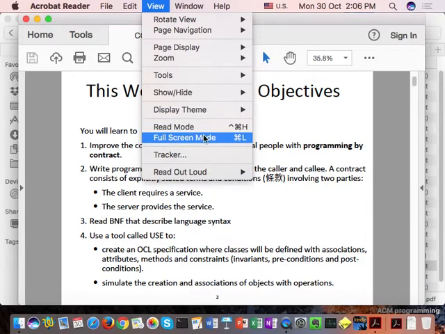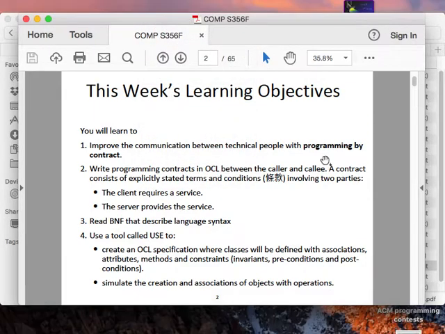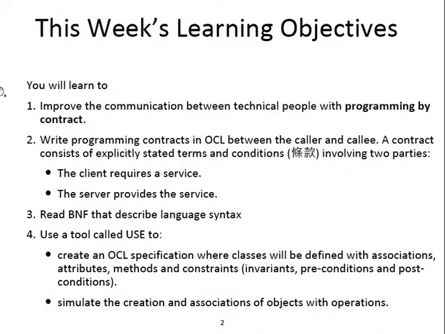what is our objective of the day. Well, the first one is to try to improve the communication between technical people using a concept called contract. And the language we will learn to use to write this contract is called OCL.